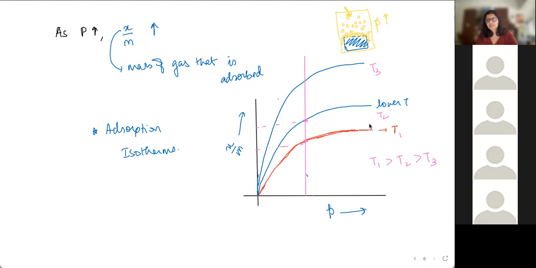And for the relation with temperature, at a specific pressure, if you keep increasing the temperature, the amount that is adsorbed keeps decreasing. T1 is the highest temperature, followed by T2, followed by T3. You can see the amount of substance is decreasing with each graph. So that's the interpretation of the graph. Okay.